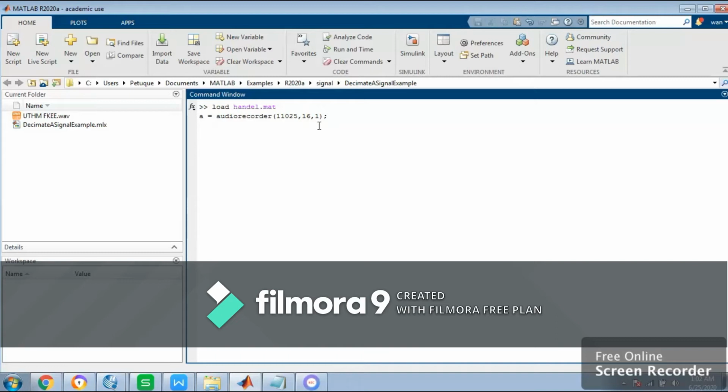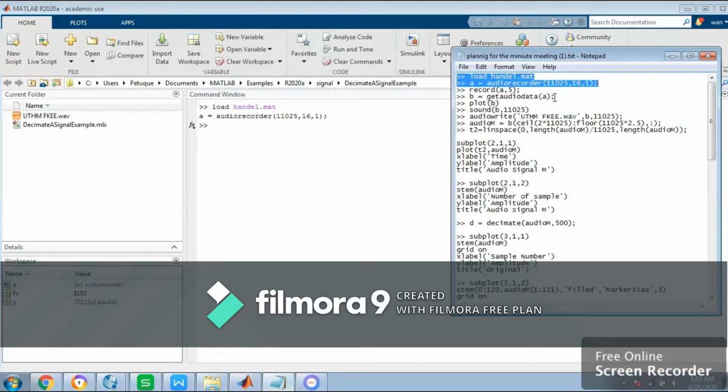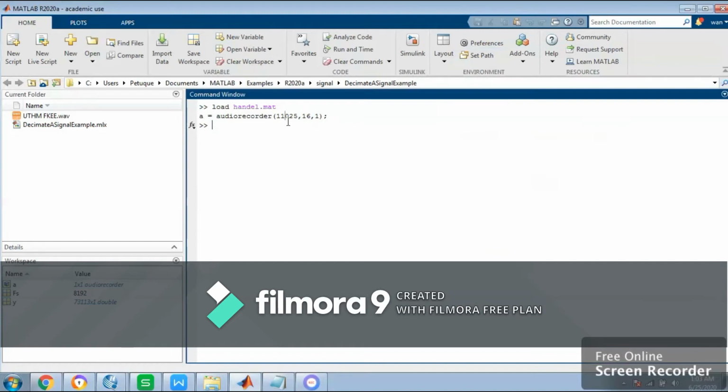Okay, next we're going to record the audio for about 5 seconds. UTHM FKEE. Then we're going to get the recorded audio data and plot it.